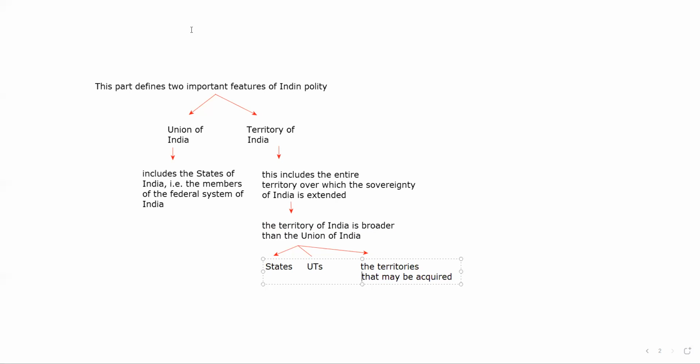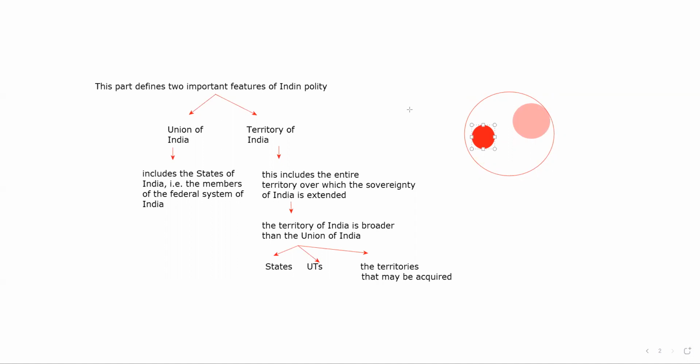When we speak about the territory of India, we talk about this. One is this, the second is this, and the third is this part.